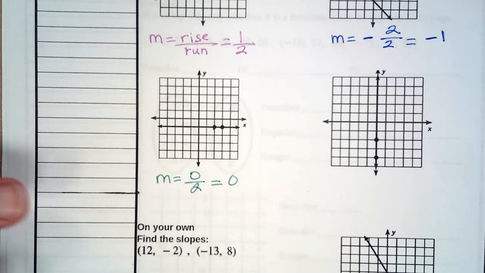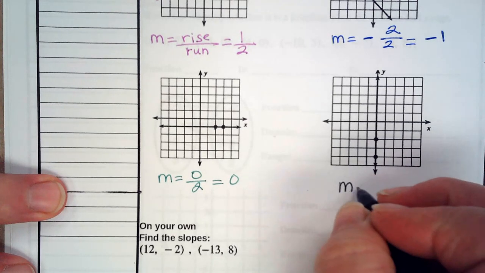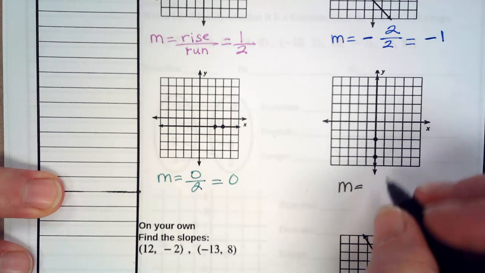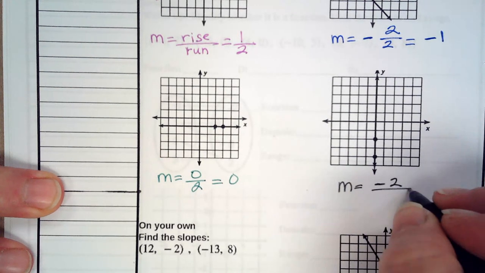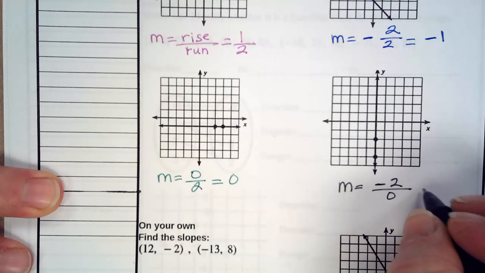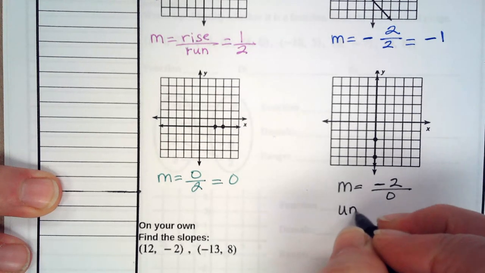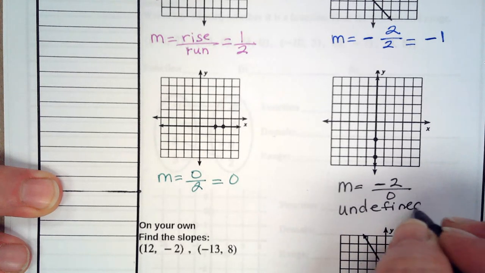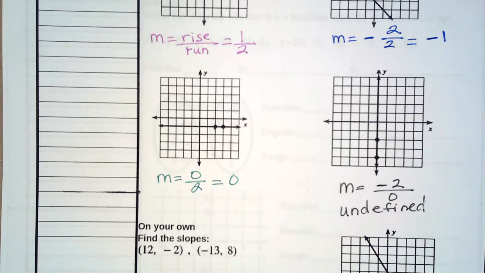For the last one, I go down 1, 2. Do I go right or left? No. So the 2 over 0. This is undefined. I cannot divide by 0.